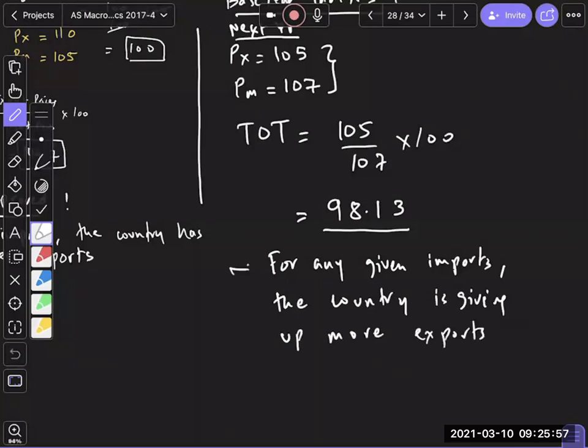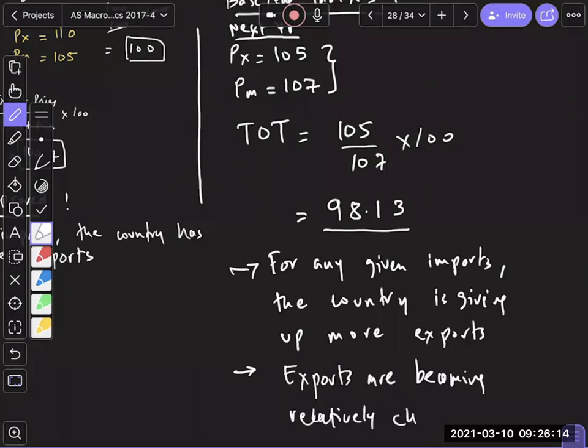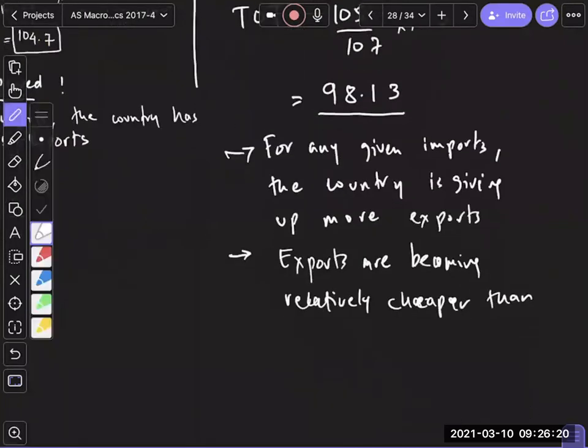Another way I can write this is that exports are becoming relatively cheaper than imports. My question to you guys is: is it good to have cheaper exports? What's more desirable? Expensive exports, cheaper exports, and so on.